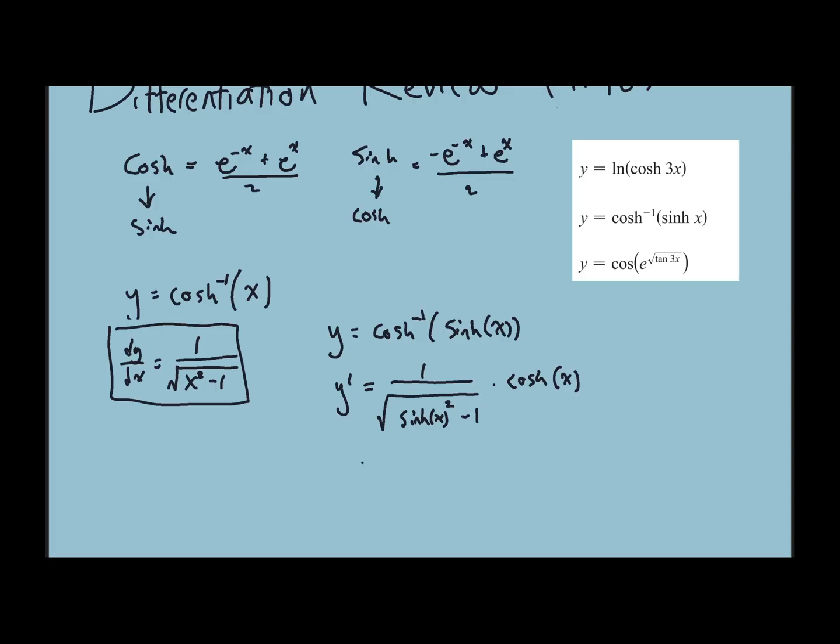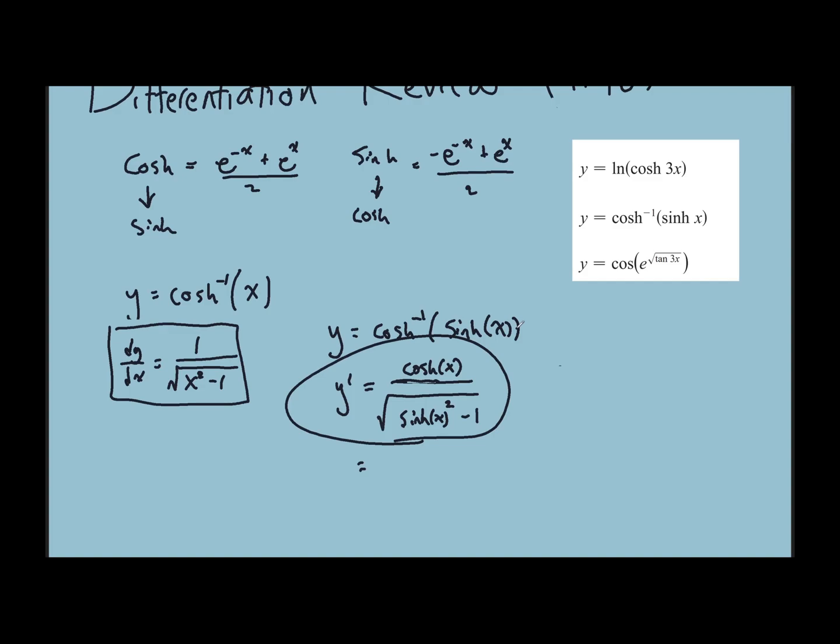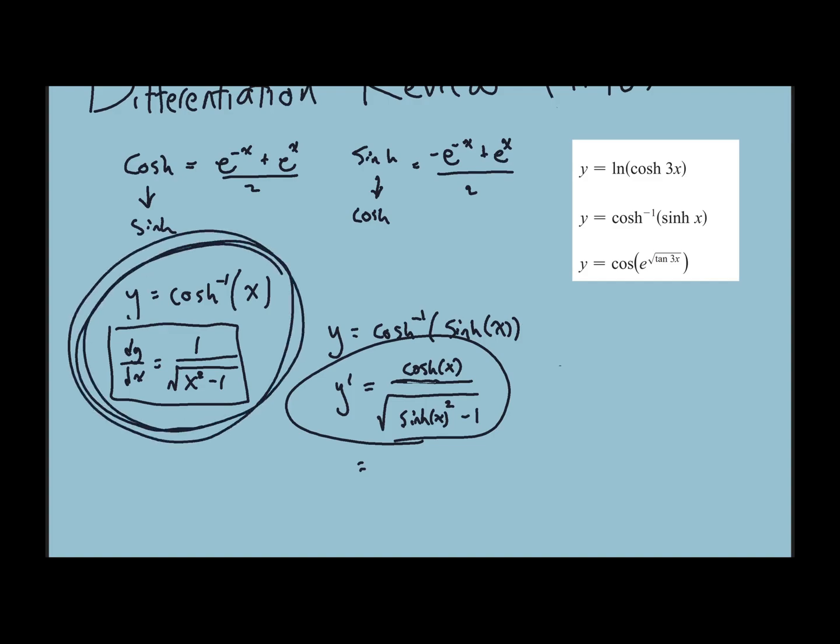So if we put it together, that would be our answer. That actually wasn't as hard as it looked. The trick is to be able to derive the derivative of hyperbolic arc cosine there.